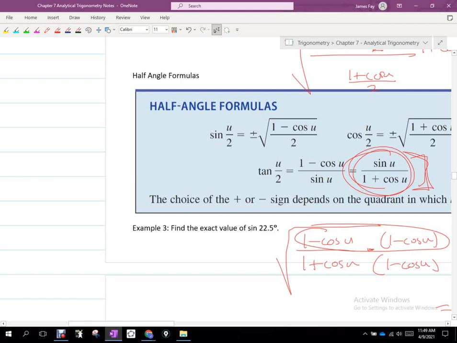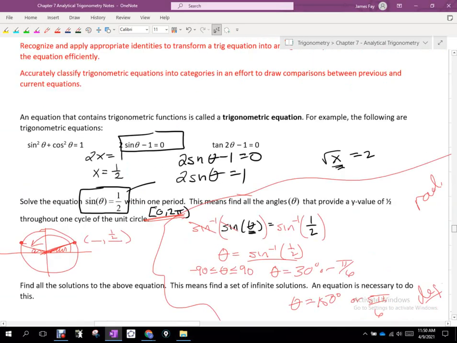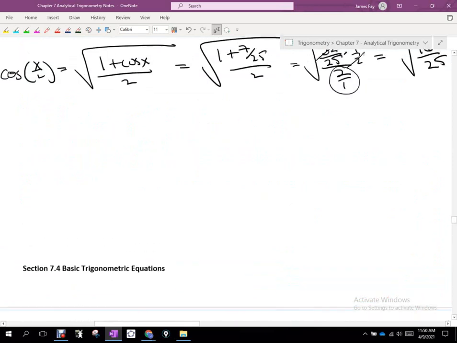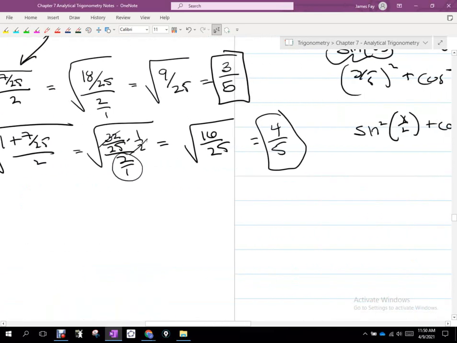Either one of those is fine, but the amount of substitution we have to do there is probably more work than just using the sine and cosine of the half angles we already found.